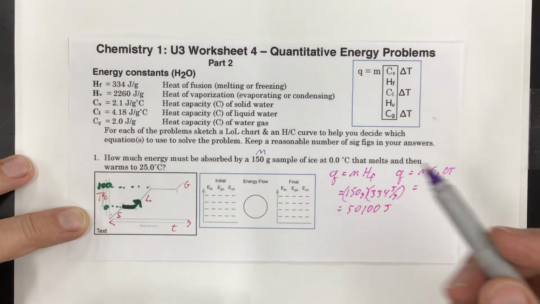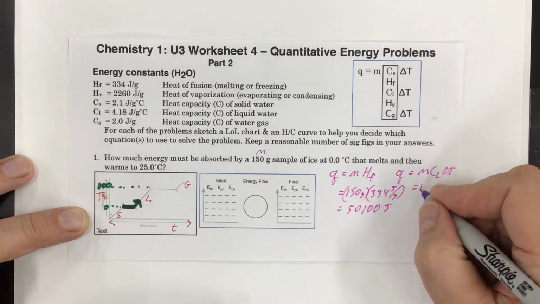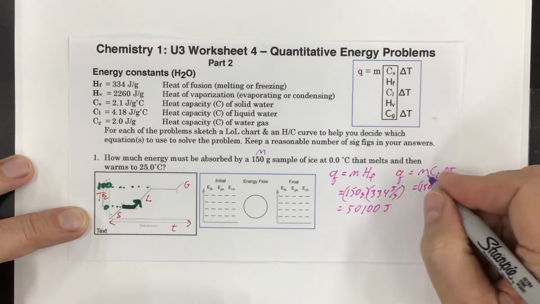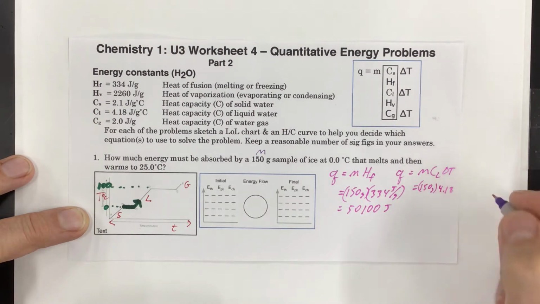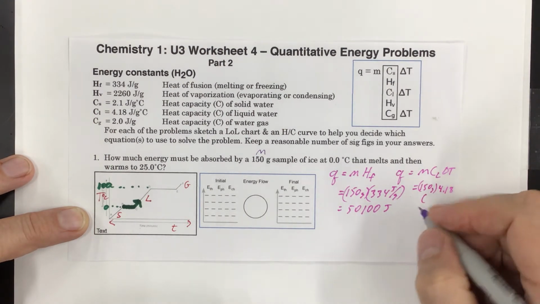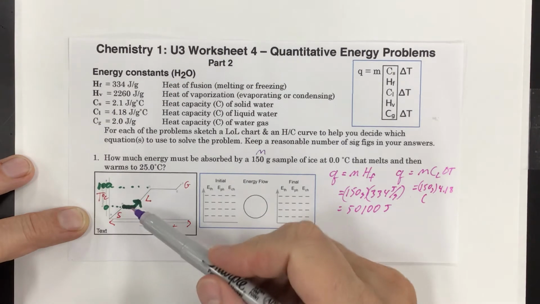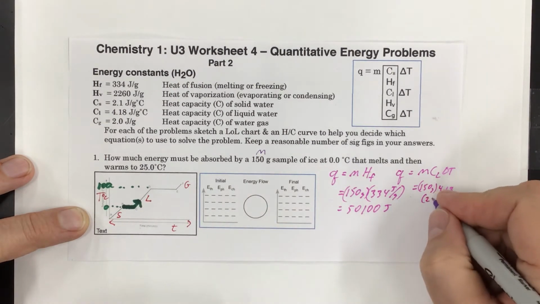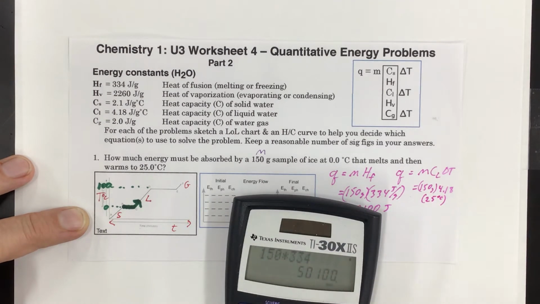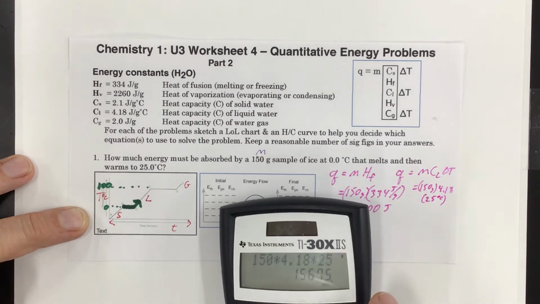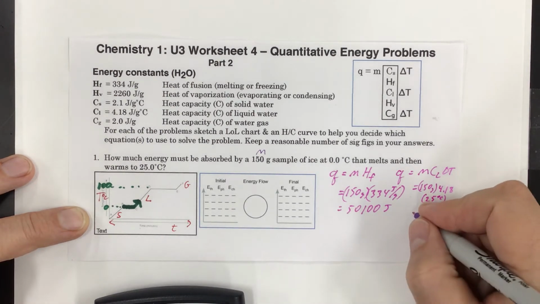And then to heat it up from 0 to 25 degrees, it's the 150 grams times C liquid, 4.18, and then also times the change in temperature, and it goes from 0 to 25, so it's a 25 degree Celsius temperature increase. So 150 times 4.18 times 25. 15,675.